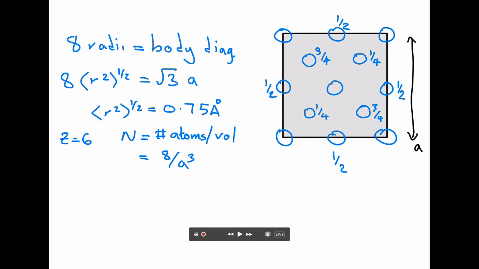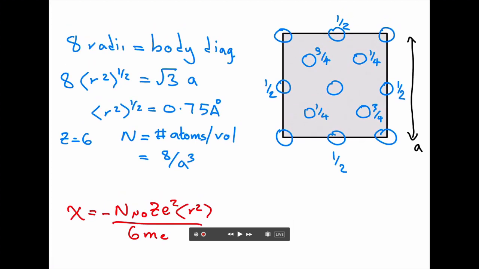So I have that chi is equal to minus n mu naught Z e squared mean r squared over 6 m_e. Okay.